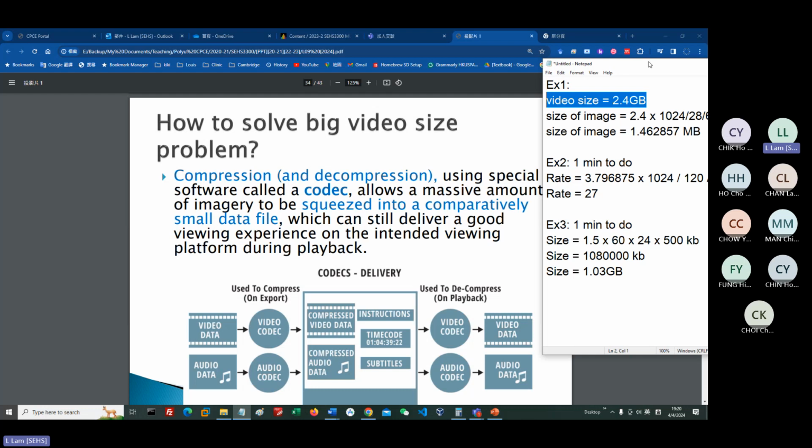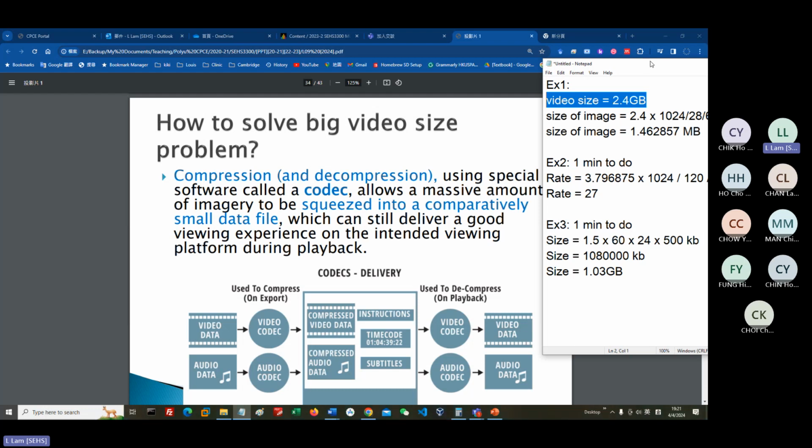As we all know, a typical movie may have the duration of 90 minutes, and if you look at our calculation exercise here, 1 to 3, even though the video duration is 1 minute or even 2 minutes, the size is up to gigabyte.